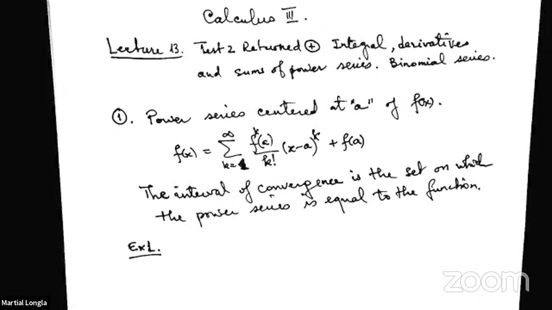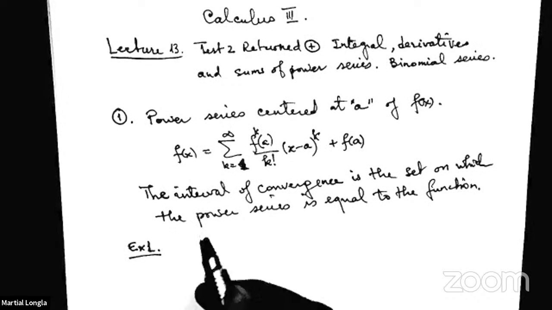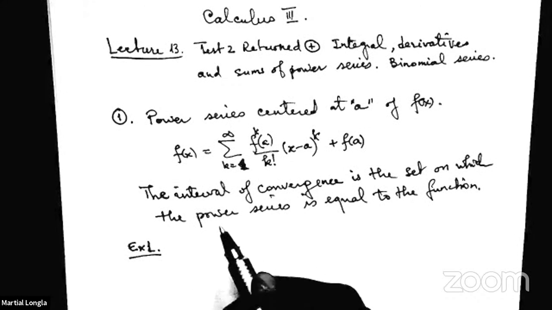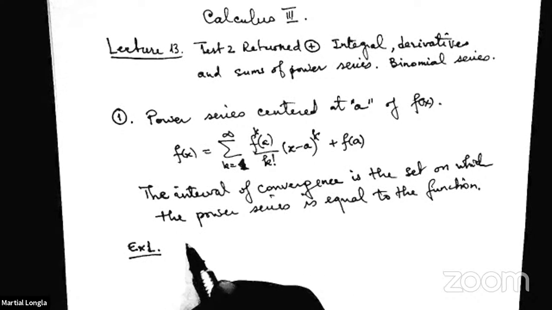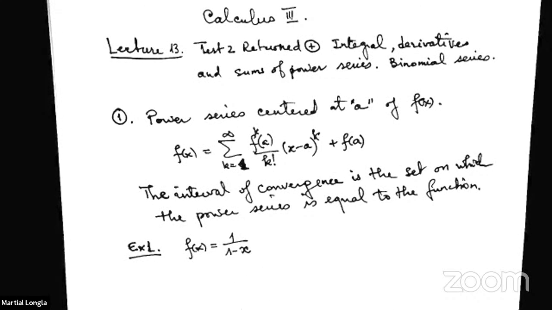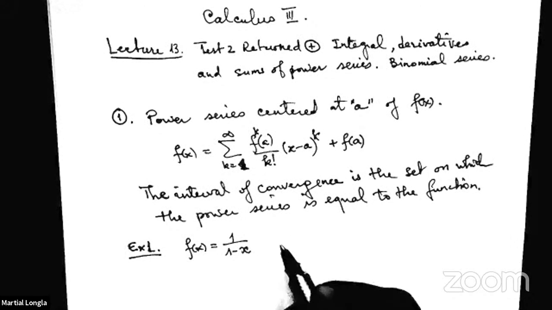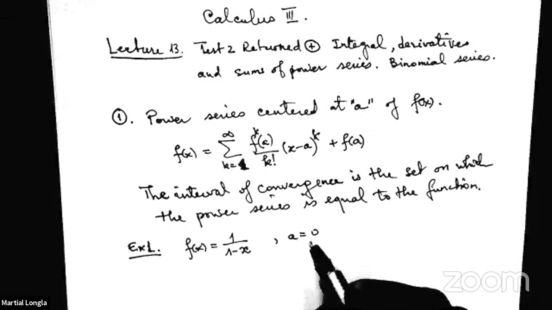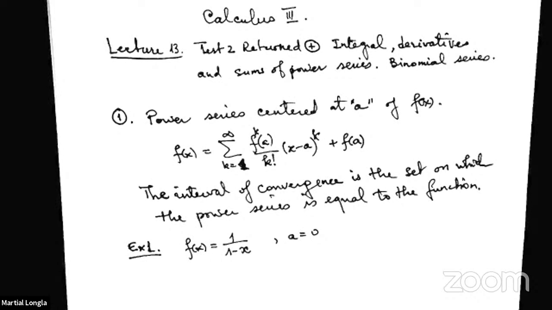Example 1, let's say we have the function f of x equals 1 over 1 minus x. If we are taking a equals 0, when a is equal to 0, we talk about the Maclaurin series.